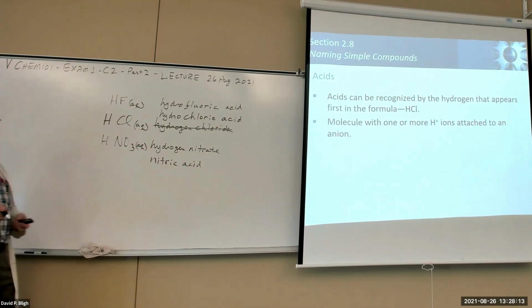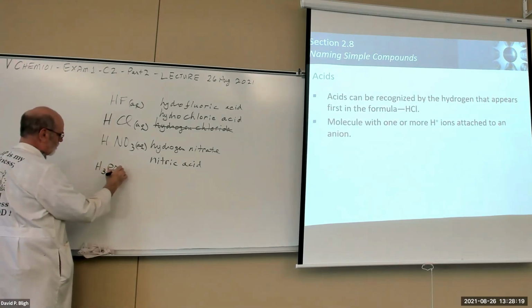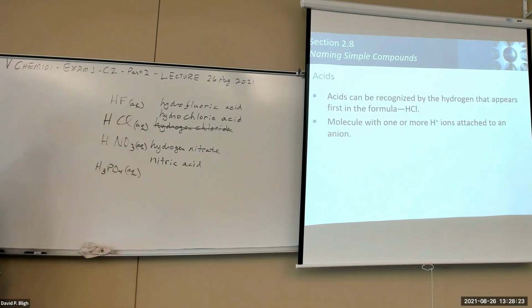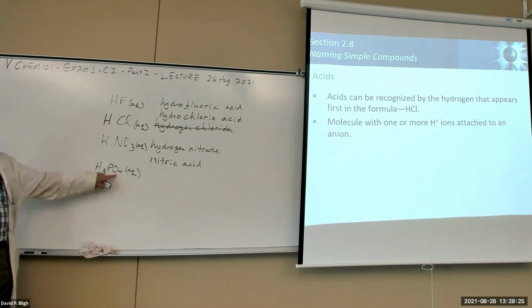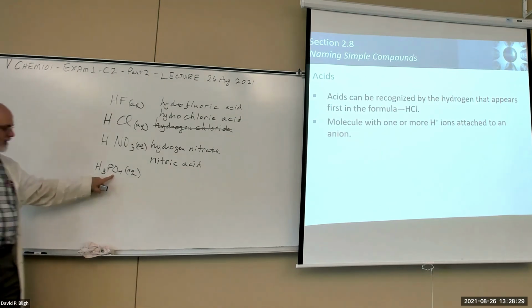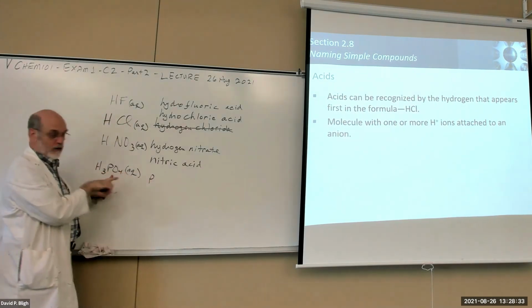Okay, let's try another one. How about this one? What's that polyatomic ion? Phosphate. So phosphate becomes, there's oxygen, so we don't say hydro.